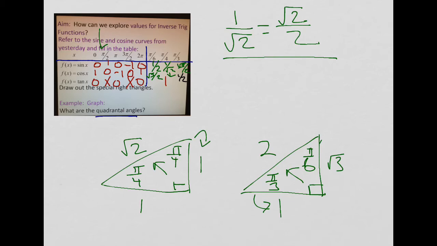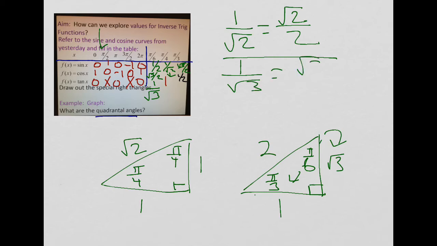So now tangent. Tangent is opposite over adjacent. So if we were to do tangent for pi over 6, we're going to do opposite over adjacent, so it's 1 over radical 3. You also must know this one as radical 3 over 3.